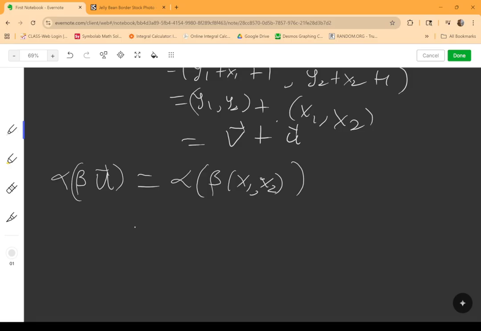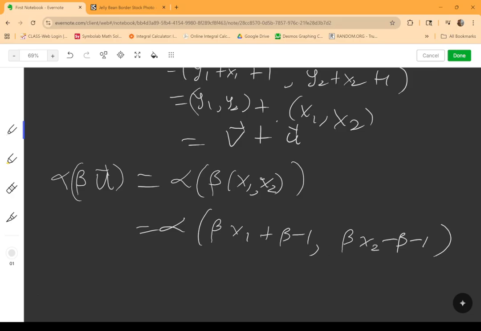All right, and now the way we define scalar multiplication, beta, again, it's binary, so it's beta times the ordered pair here. That gives me beta x1 plus beta minus 1. And here, beta x2 plus beta minus 1.